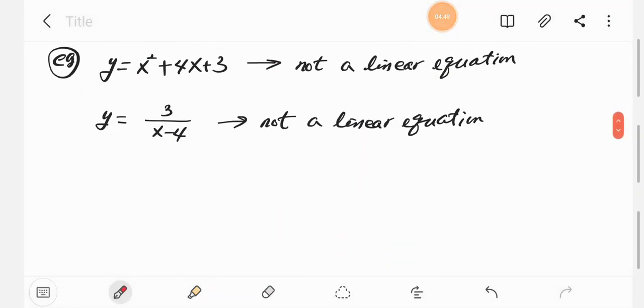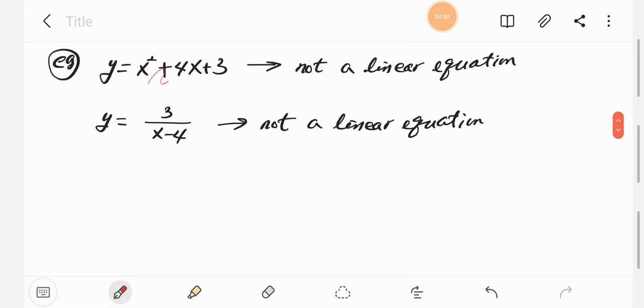Here is another example: y equals x squared plus 4x plus 3. Is this a linear equation? Actually, it's not. This is not a linear equation because it has a square term, because the variable is squared.